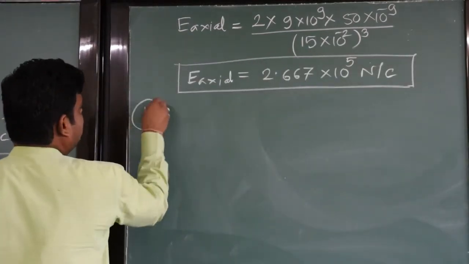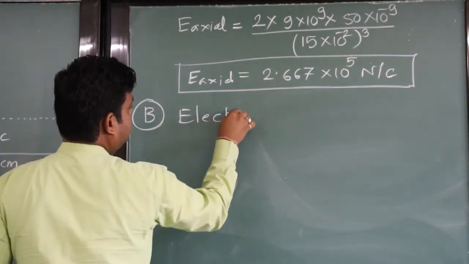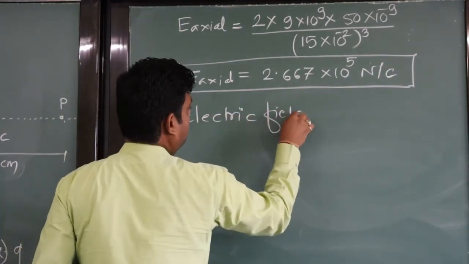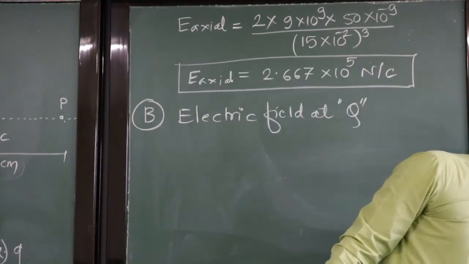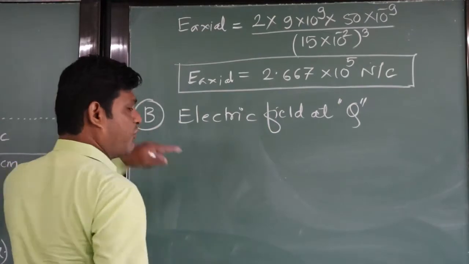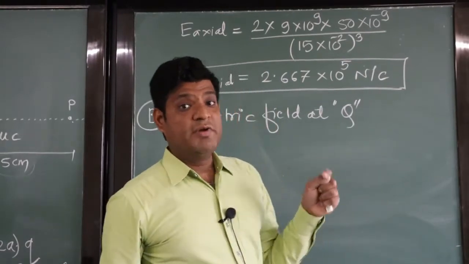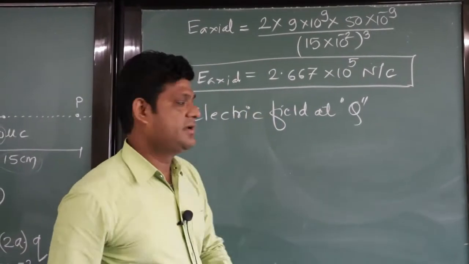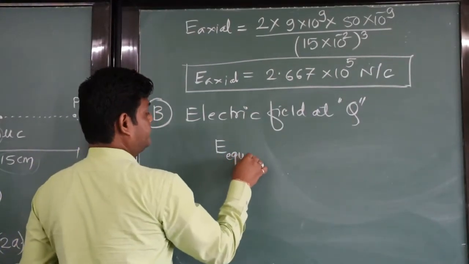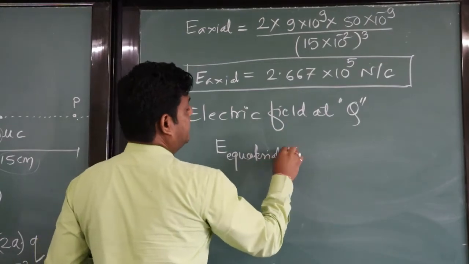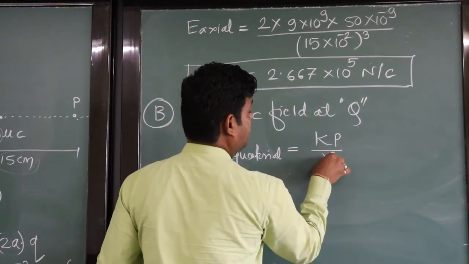Now for the second part of the numerical, calculate the electric field at Q. Dear students, by observing the diagram, we can see that the point Q is on the equatorial line of the dipole. So we will use the formula for E equatorial, the electric field on the equatorial line. Taking magnitude, that formula is K into p divided by r cube.